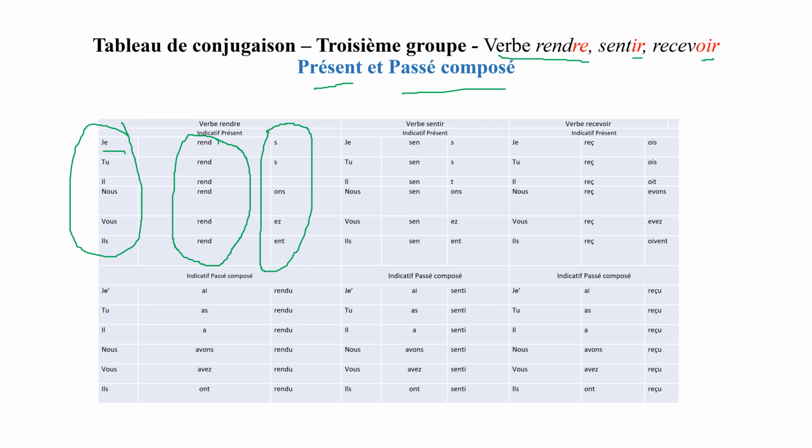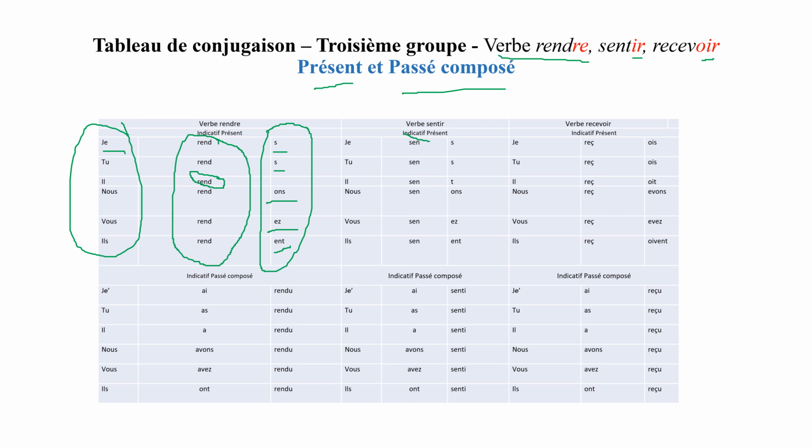Première personne au singulier, you have to add an S here. Second person, an S. The third person, you see it's blank here, is because it does not take anything. It stays in its same root format. And the first person plural, ONS, second person plural, EZ, and the third person, ENT.